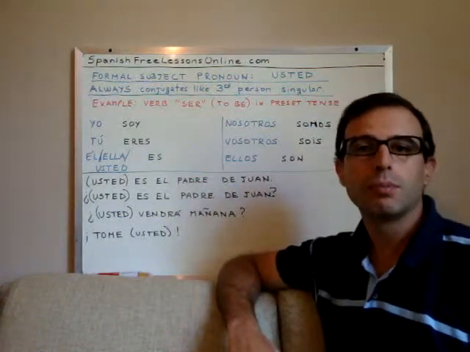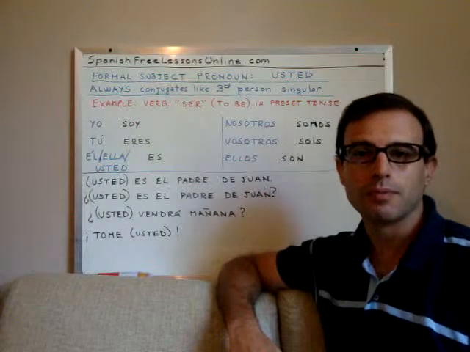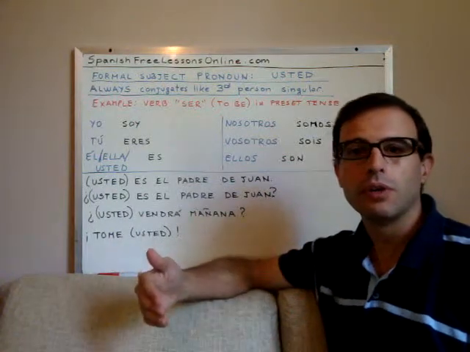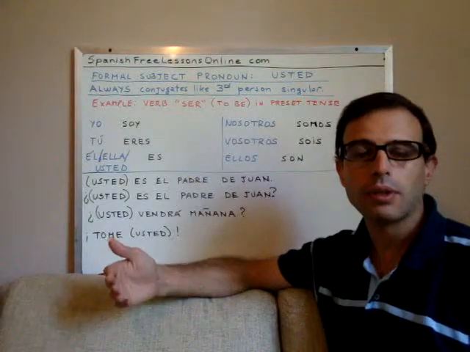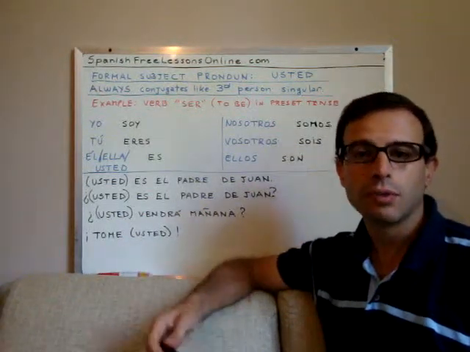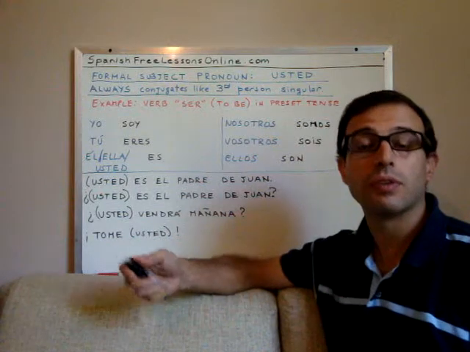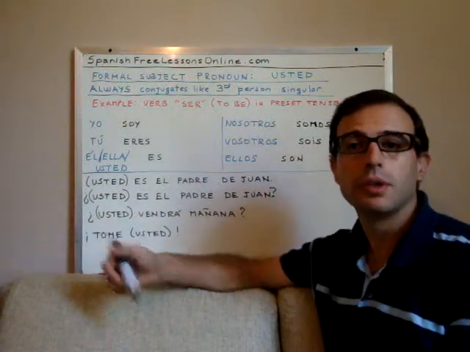That is because Spanish is a formal language. Unlike English, where you can use you for everybody, right? To address a young person, an older person, somebody that's hierarchically superior.